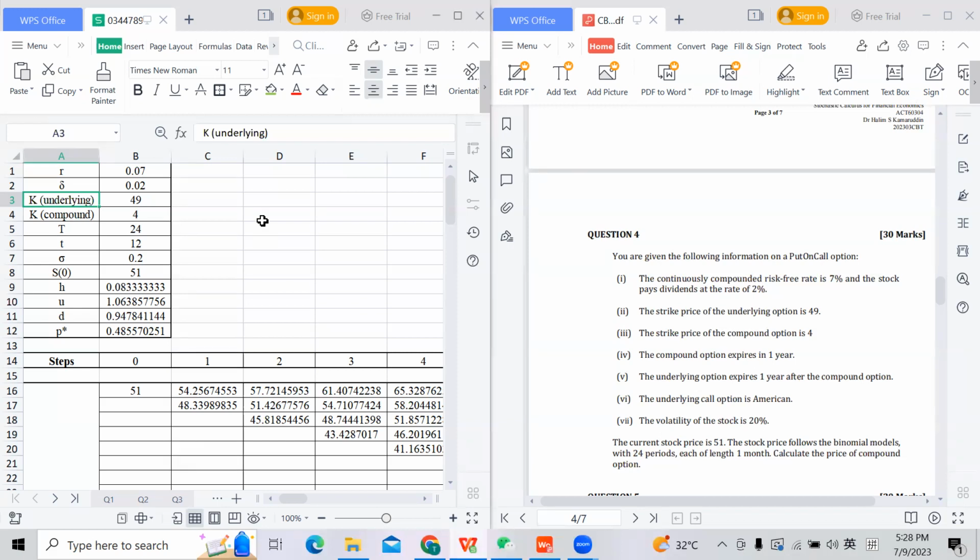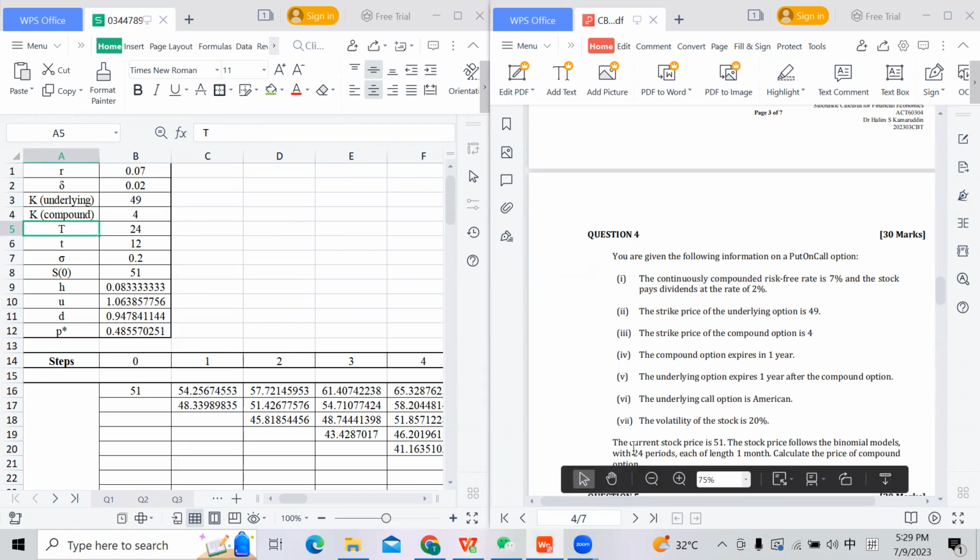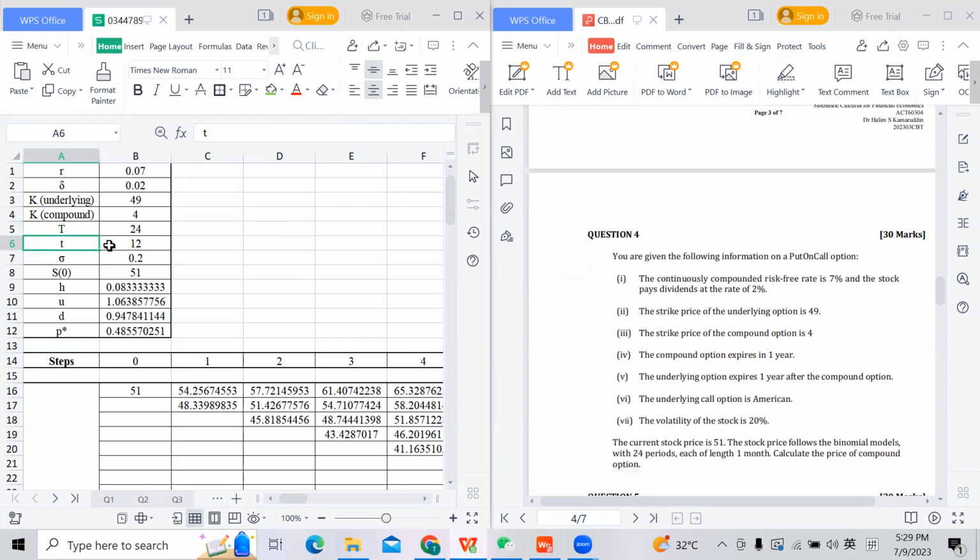The strike price of the underlying option is 49, the strike price of the compound option is 4, and T is 24 periods, which is the number of steps in the binomial model. The other T is 12, because the underlying option expires 1 year after the compound option, so there are only 12 months.